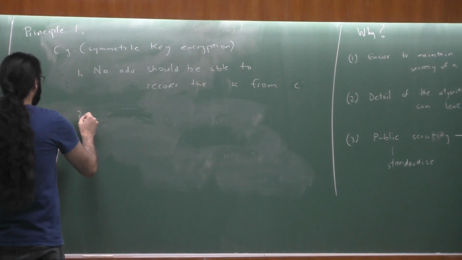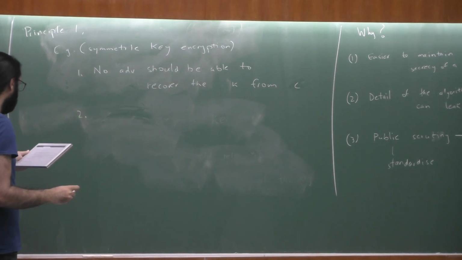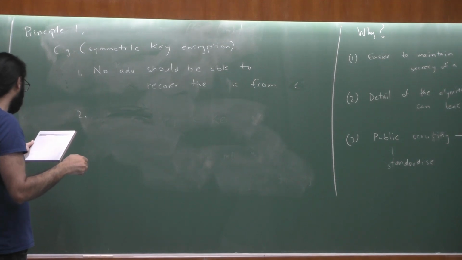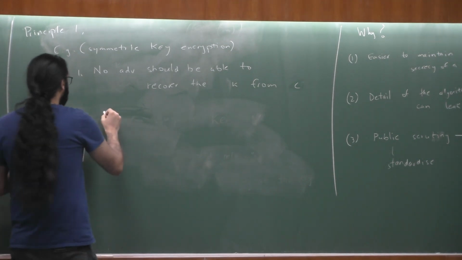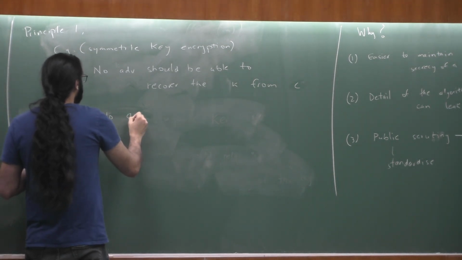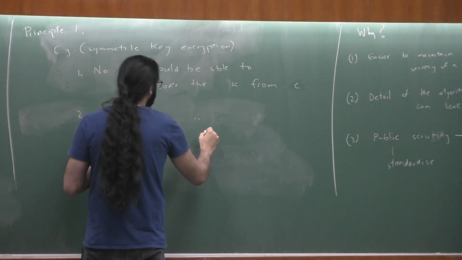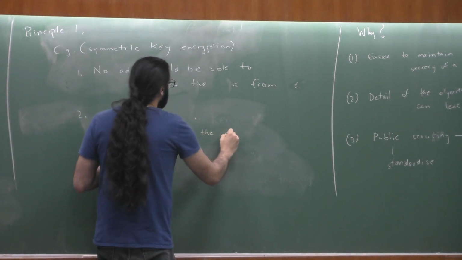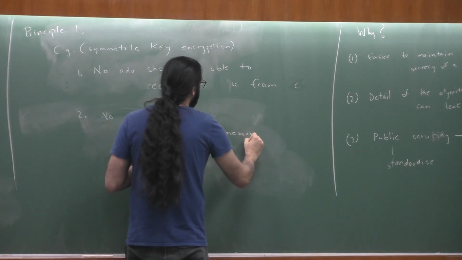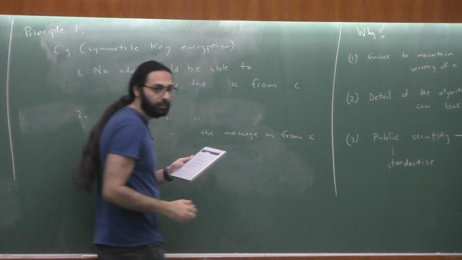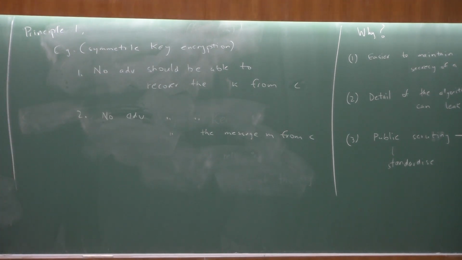So the second one: when people hear that, okay, obviously this thing doesn't work, the next thing you can say is that no adversary should be able to recover the message M. This seems a lot more reasonable.